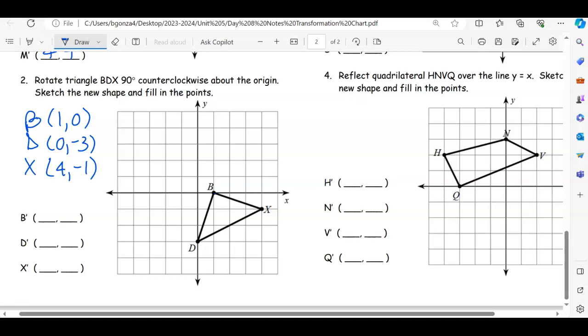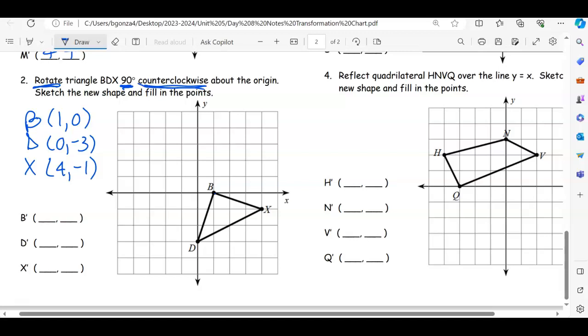What does it say right here? First word. Rotate. How much do we rotate? Which direction? What does it say? Okay, 90, and then also which direction? It says 90 counterclockwise.